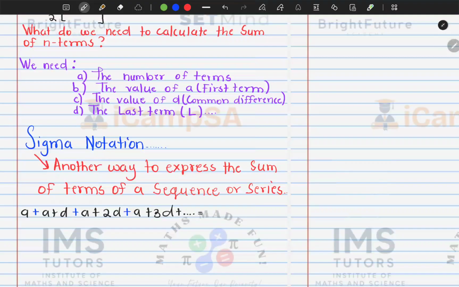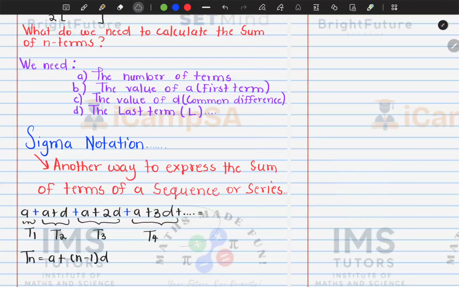So if you look at this, how we can express it in sigma notation is we are just summing. If you remember, this is T1 and this term here is T2, this is T3, and this is T4. And if you remember, our general term is a plus n minus 1 times d. This is where these come from.